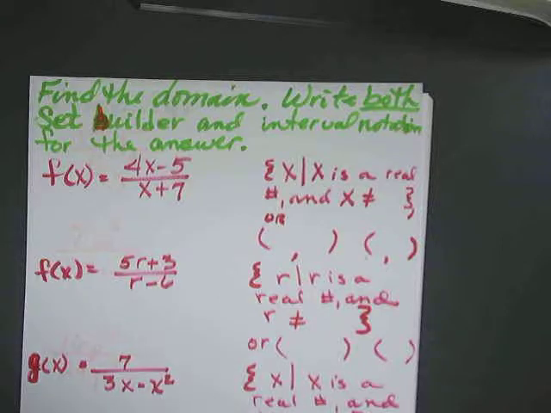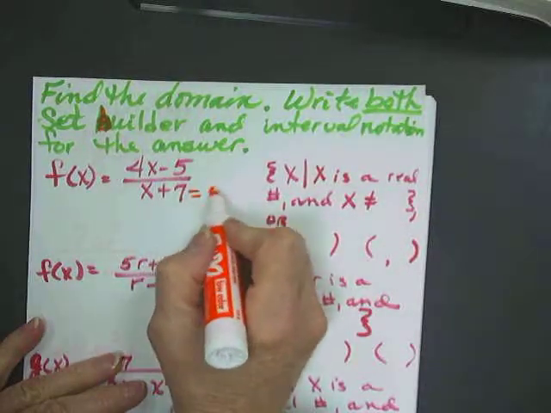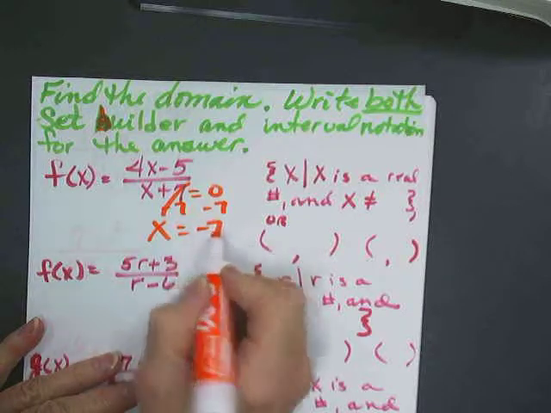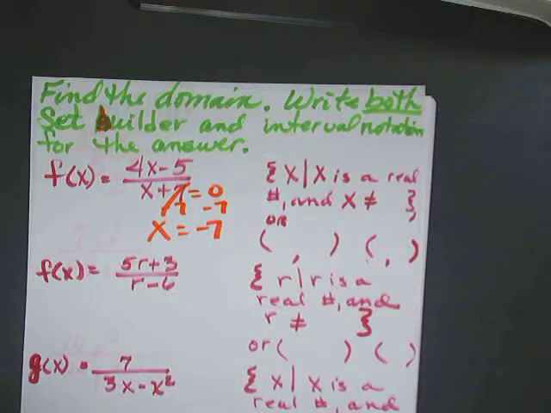Find the domain. We're pretty much doing the same thing we did on the last one. X could be anything as long as it does not make the denominator 0. So we could put anything for x, except what? On that one, except -7.